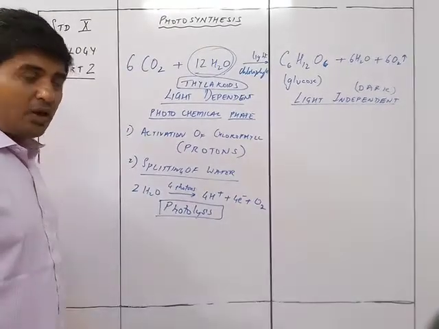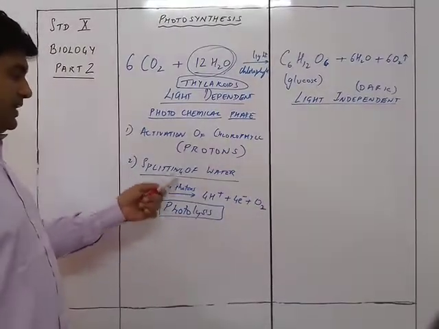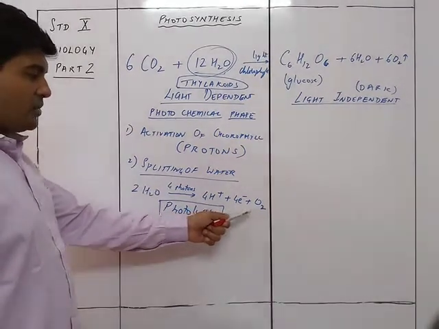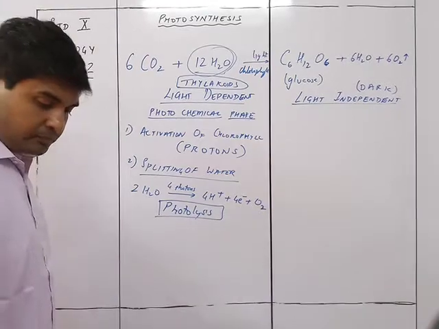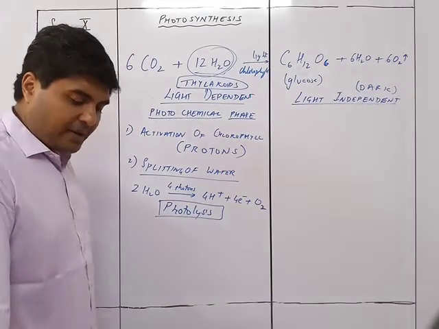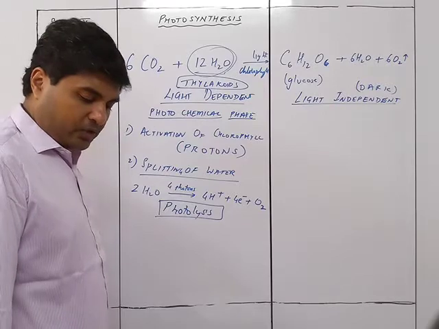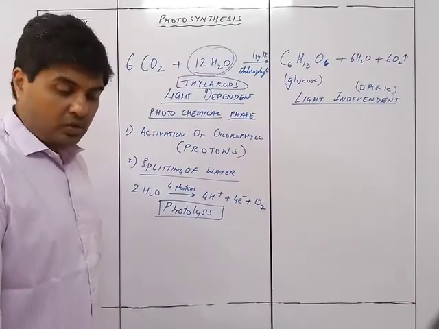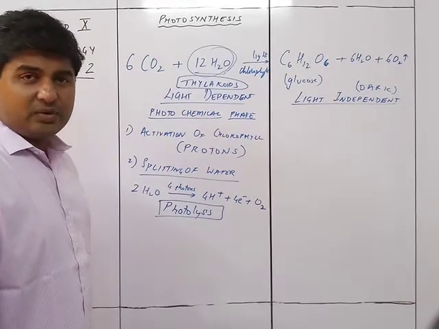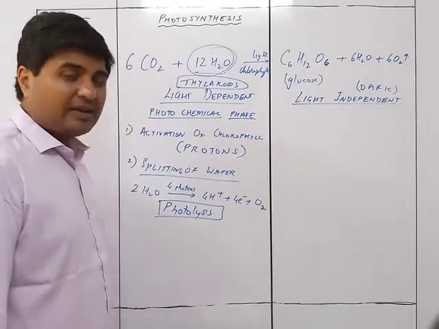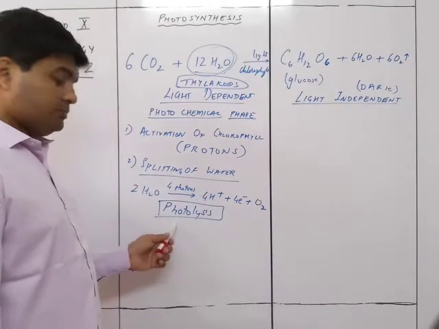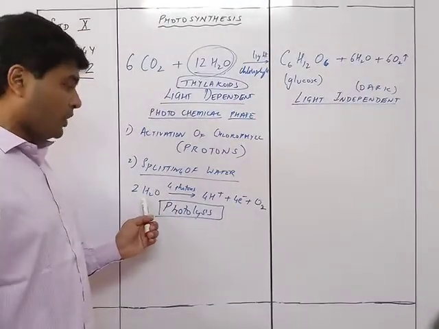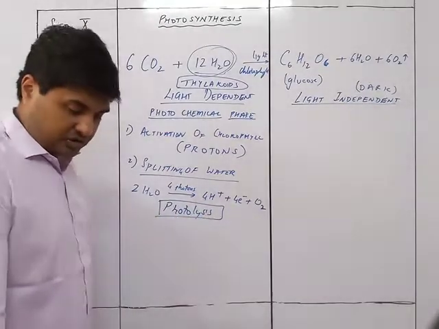Photolysis is the splitting of water by photons into hydrogen ions, electrons and oxygen. Photolysis is defined as the splitting of the water molecule into hydrogen ions and oxygen in the presence of light and grana. Grana was the thylakoid part. So grana and light energy give rise to photolysis.